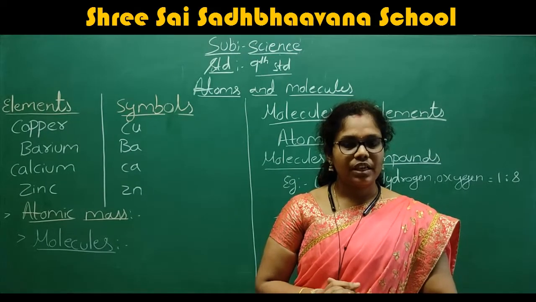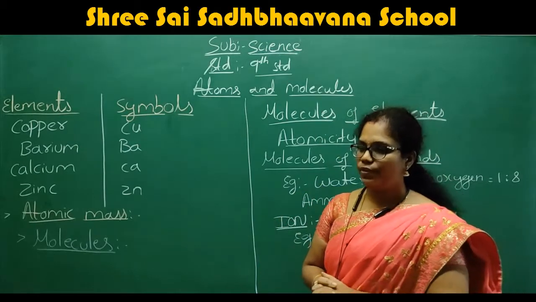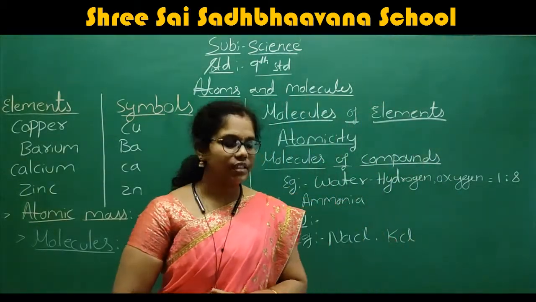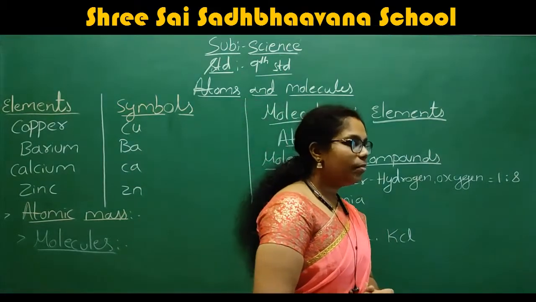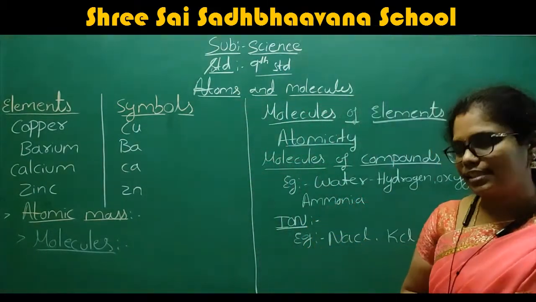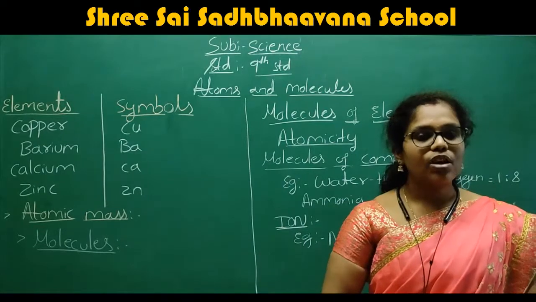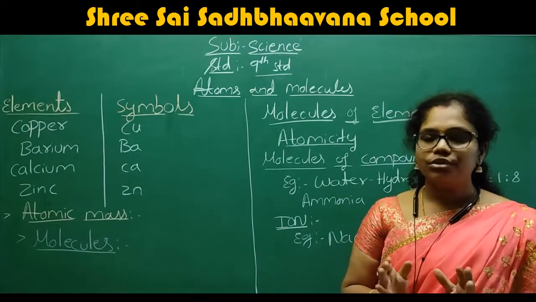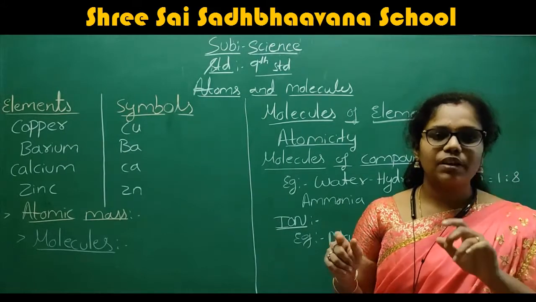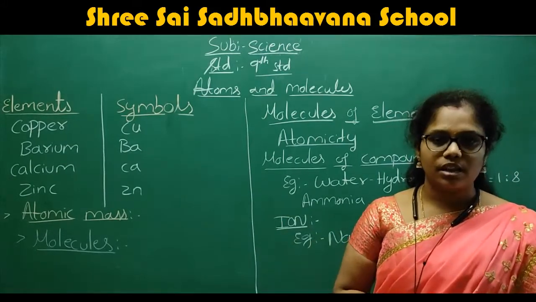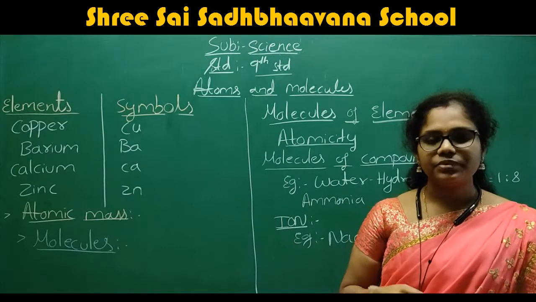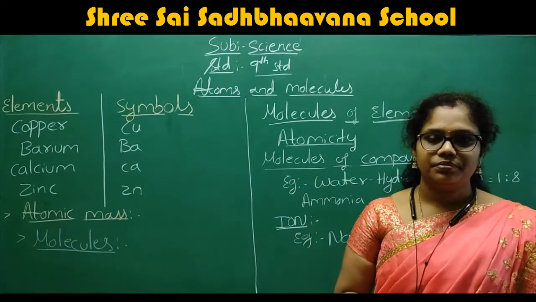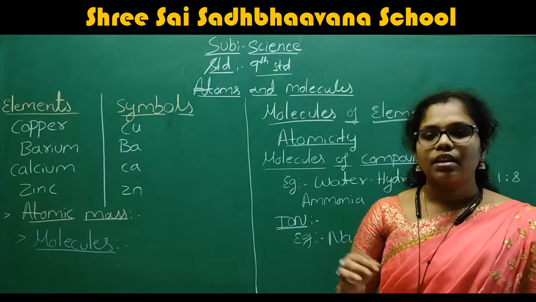Understood? See some examples. For carbon, the atomic number is 6. Then the atomic mass of carbon is 12. Don't think, ma'am, that if you just multiply by 2 you will get the atomic mass. No, not like that. It depends upon how many neutrons are present.